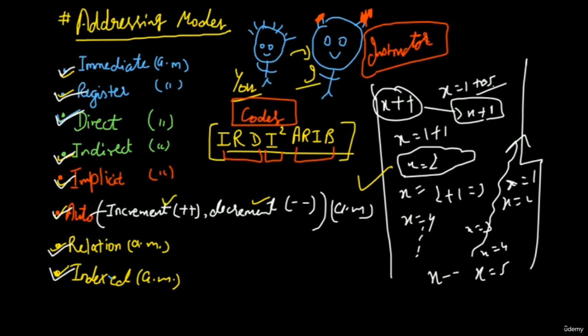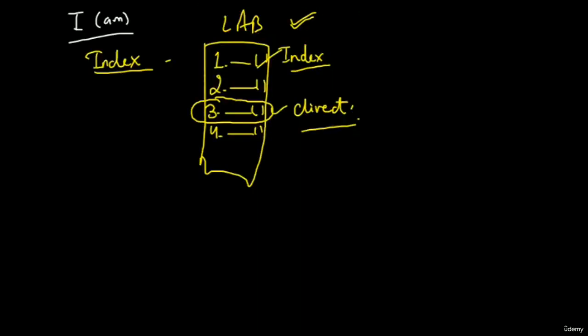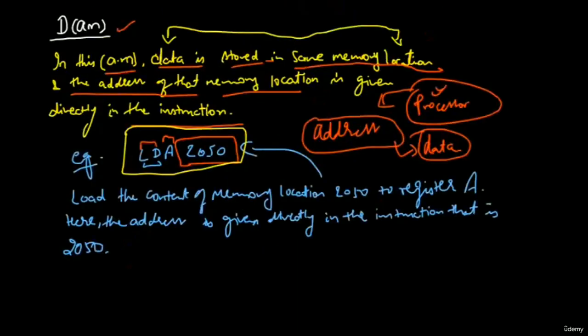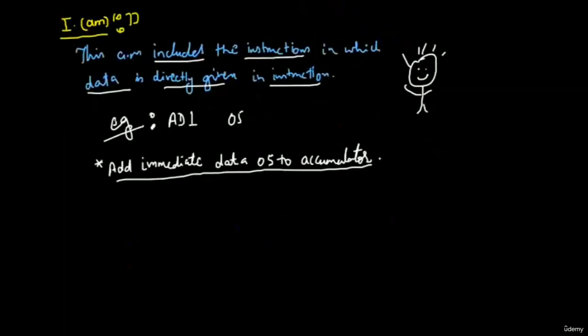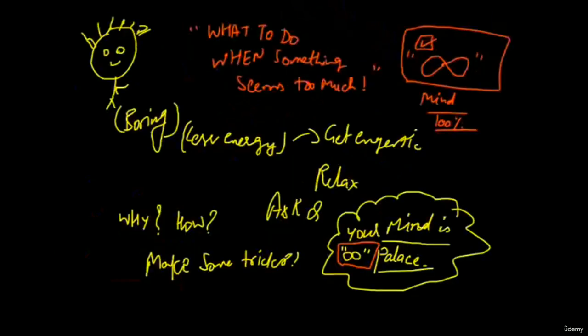We are finished with all the addressing modes and we have covered all the things that we require to learn, and we learned it successfully: I, R, D, I, square A, R, I, B. Well, you can sing the song just like me to learn more. So these are the things that you just learned, and it brought you so much information and excitement, right? So yes, we have also discussed this thing.